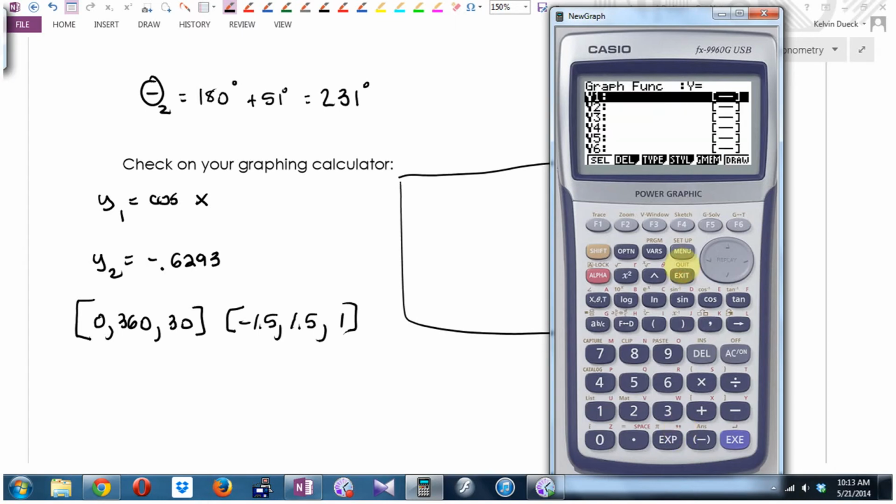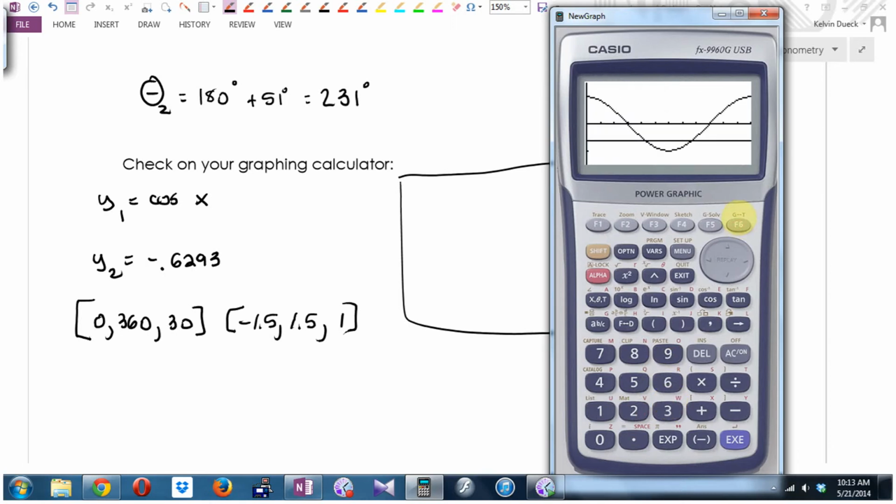Of course, you're all trying this along with me, aren't you? I'm going to go cos x, negative 0.6293, draw. Should get that.